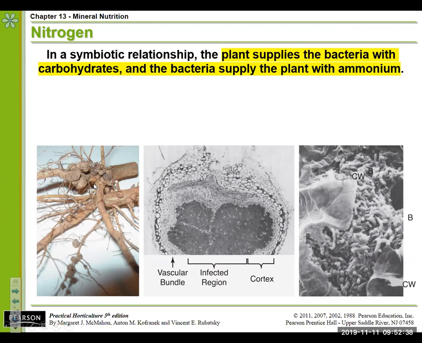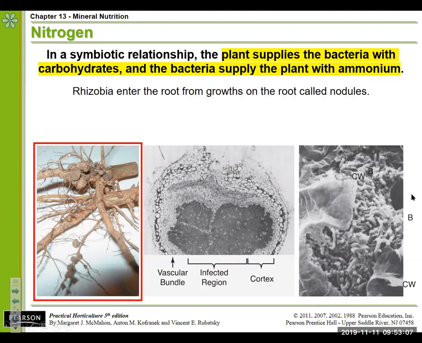And the bacteria are supplying the plant with a form of nitrogen, often ammonia. So this is what it looks like under a microscope in those nodules, and then in an electron microscope, the actual bacteria existing in those parts of the plant. Pretty cool.